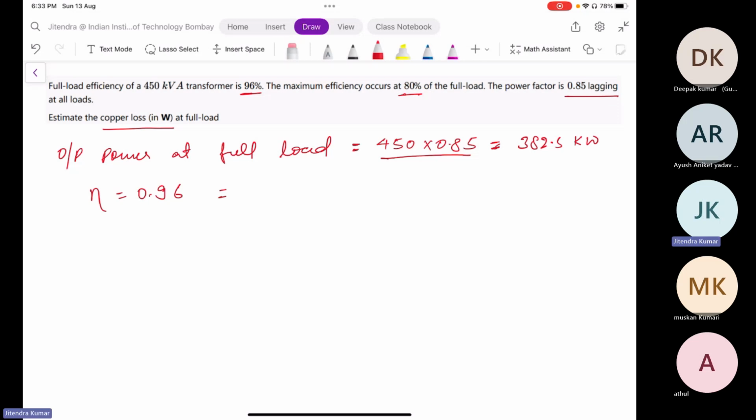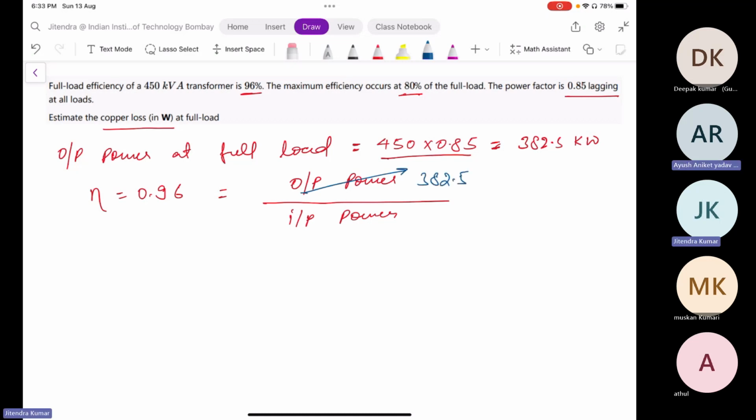And efficiency is nothing but the output power divided by input power. Output power we already know, that is 382.5. Input power we don't know. So we can write input power is equal to output power plus losses.